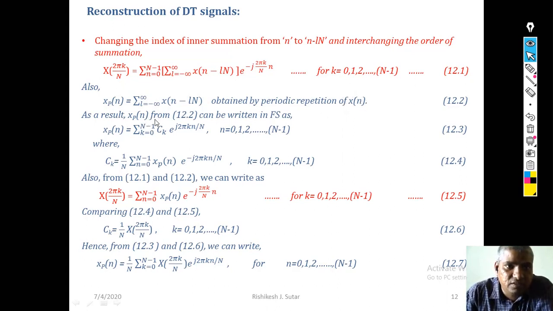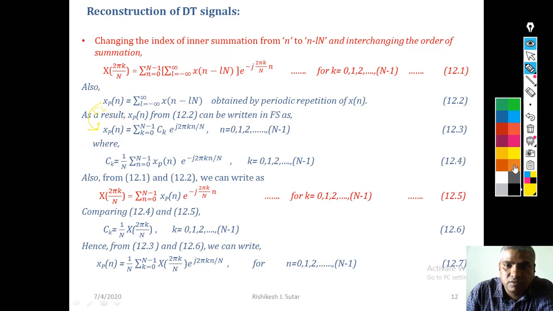So as a result, this xp of n from this 12.2, as xp of n has a periodic nature, I can write it in terms of the Fourier series form.